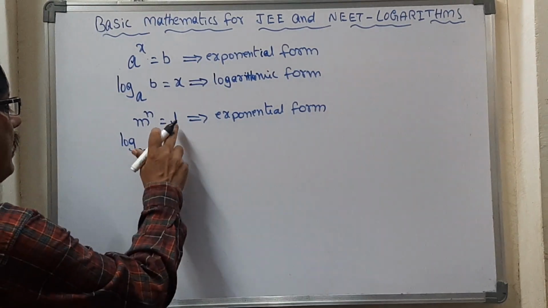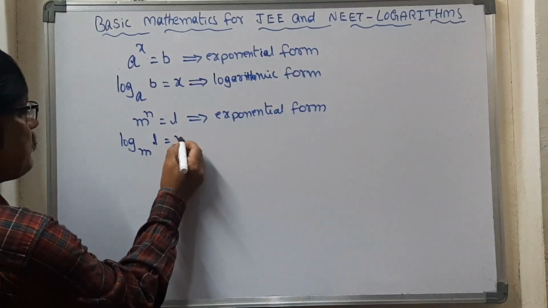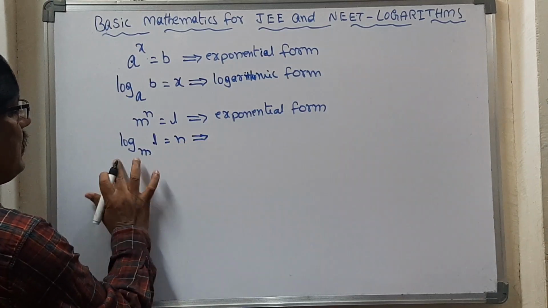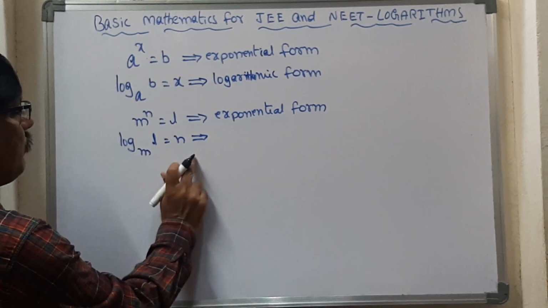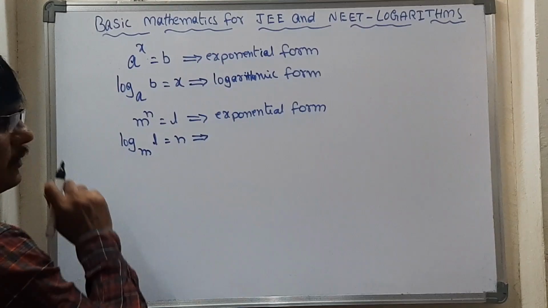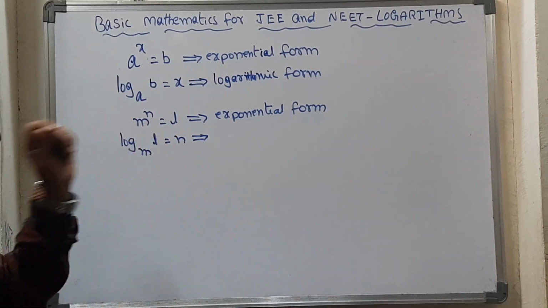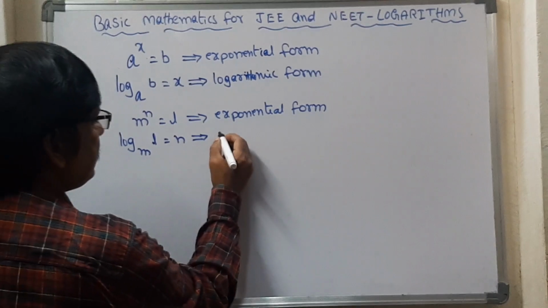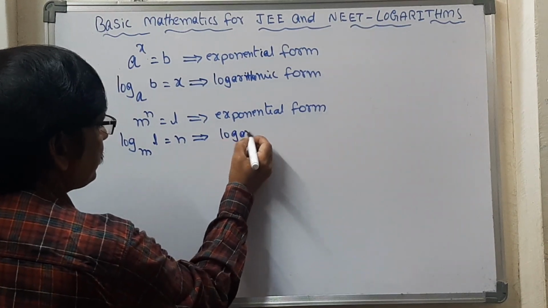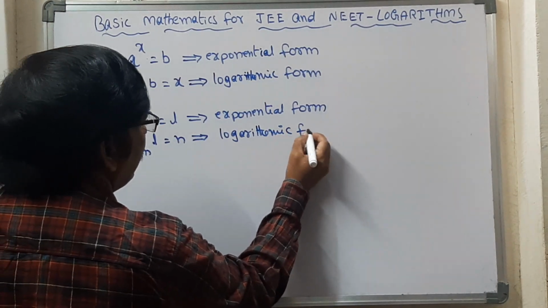The RHS side we take here, and the power takes the place of this one. This is the logarithmic form: log L base m is equal to n. We have to read it like this: log L to the base m is equal to n. This is the logarithmic form.